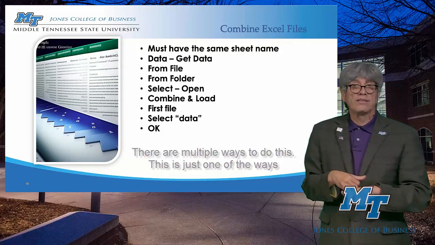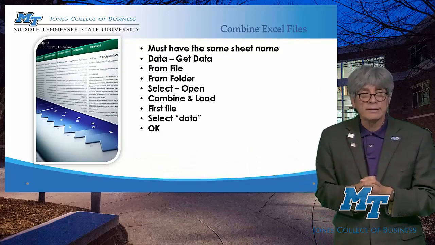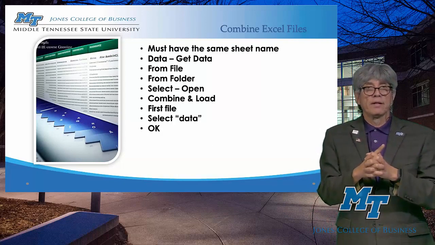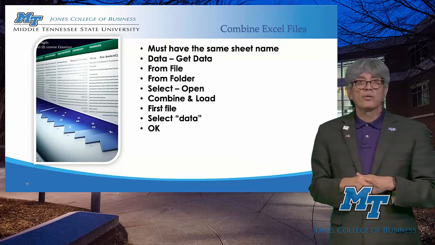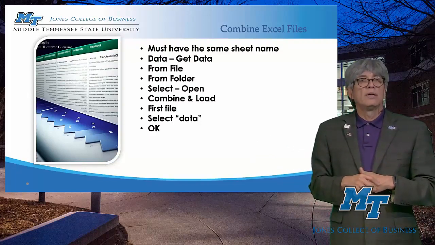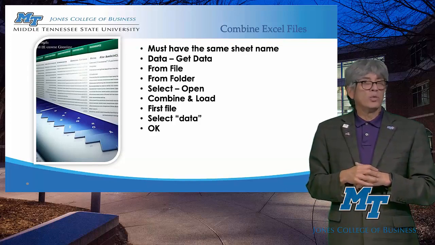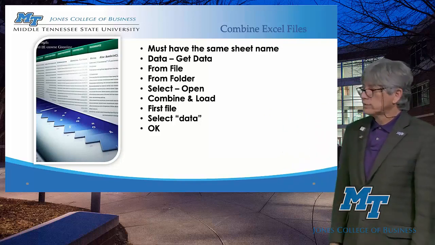The second is that the files should have the same structure. And more important, the files should have the same data sheet name. Now, these are the steps. We're going to do this in Windows because some versions of Microsoft Office for Mac do not support this option. So let's go learn how to do this in Windows.